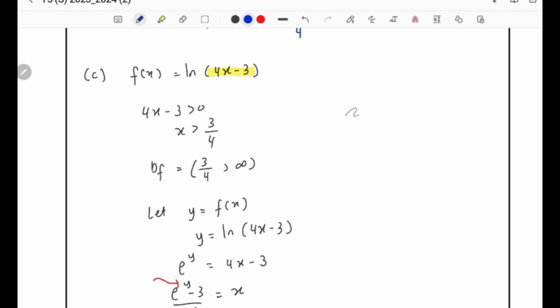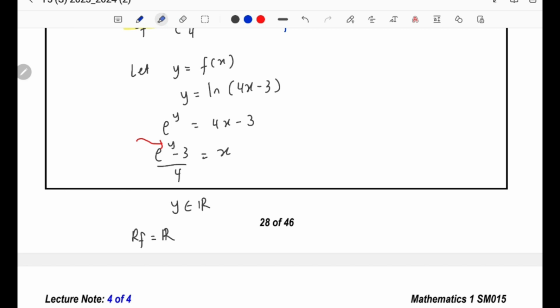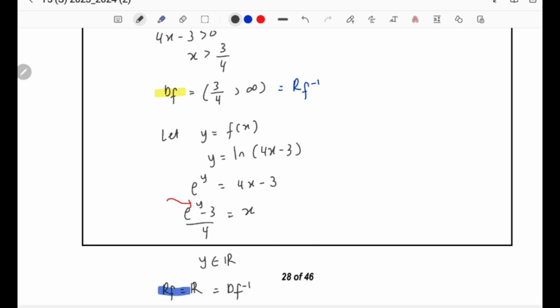Since we already know that the domain of f is equal to the range of f inverse, and the range of f is equal to the domain of f inverse, we can conclude that the domain of f is (3/4, infinity).